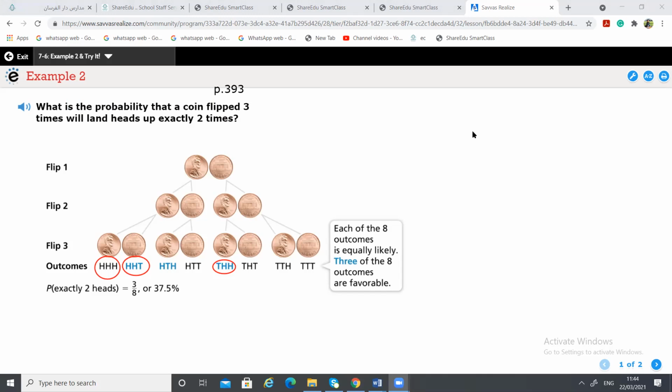Can you hear me, girls? 37.5%, likely or unlikely? This mark, if you get, is it a good mark or a bad mark? 37% out of 100%. Unlikely. Why? Then when you all know the answers, why are you not replying?